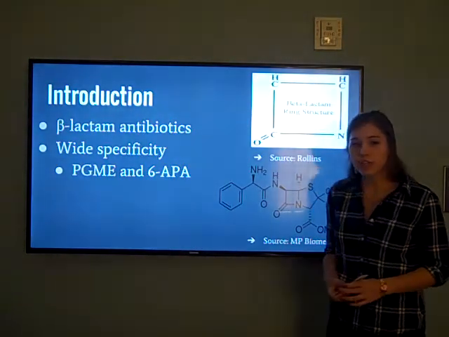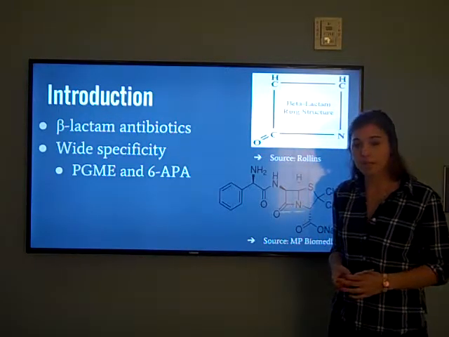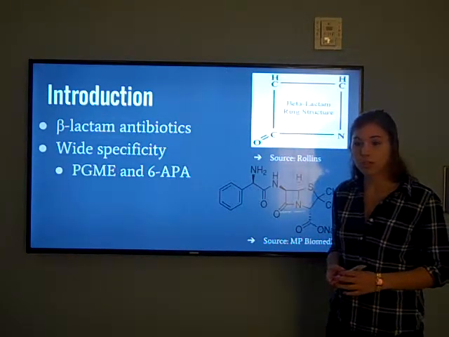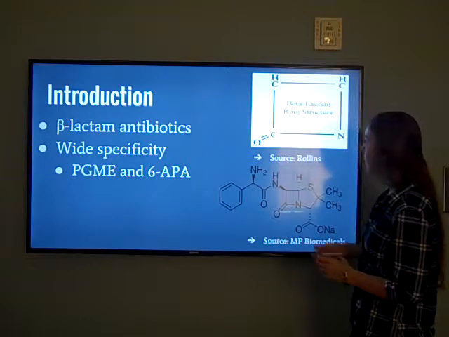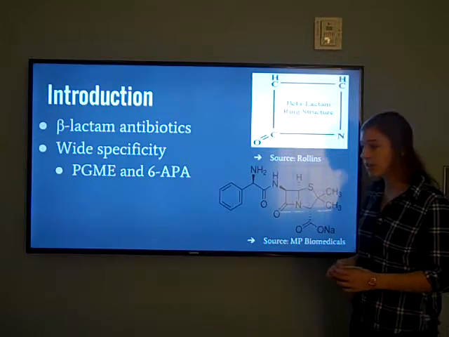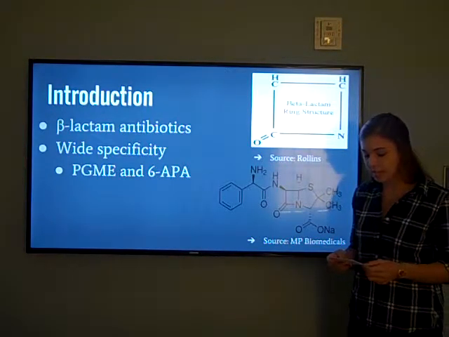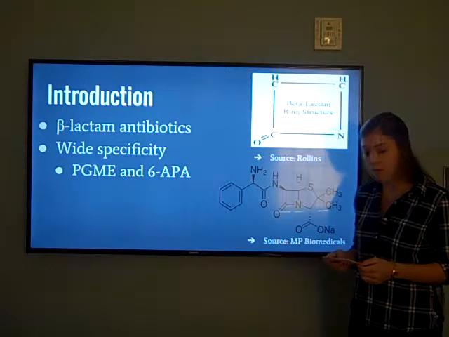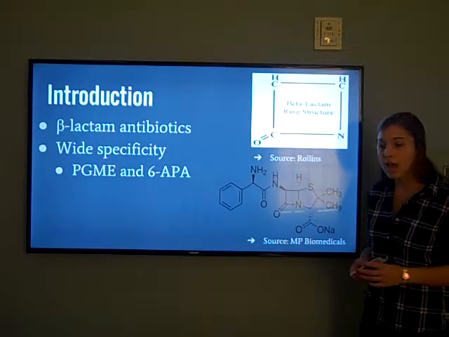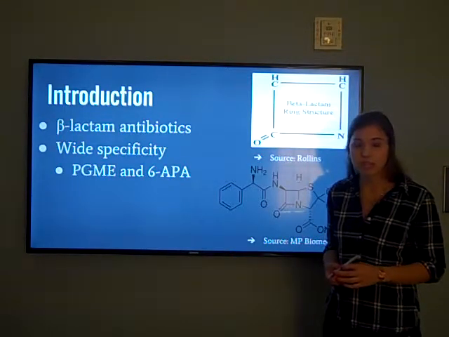For our introduction, beta-lactam antibiotics include both penicillin and ampicillin, and one of the structures well known to these is that they all have a beta-lactam ring, which is a 4-membered ring that has nitrogen on one of the sides. Ampicillin inactivates the penicillin binding proteins on the inner membrane of bacterial cells, and it's a really common antibiotic for pneumonia, urinary tract infections, and staph infections.